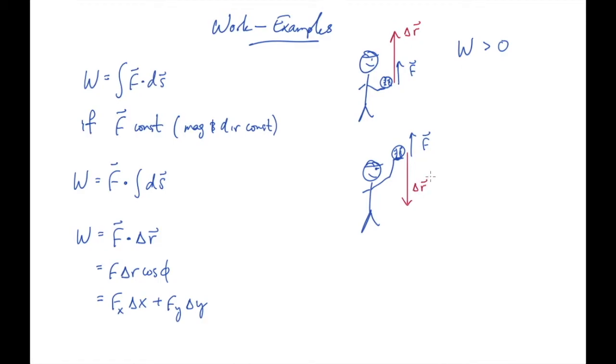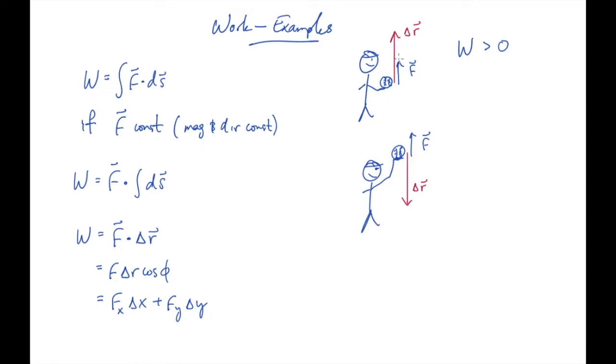Now the force and the displacement are in opposite directions, so this dot product is going to be negative. If we use this expression, we can see that the force has the same magnitude, the displacement has the same magnitude as it did in the previous case. It went up, let's say a meter, and then it went down, say a meter. The magnitude of each of those is the same. But what's changed now is the angle, phi, between the force and the displacement.